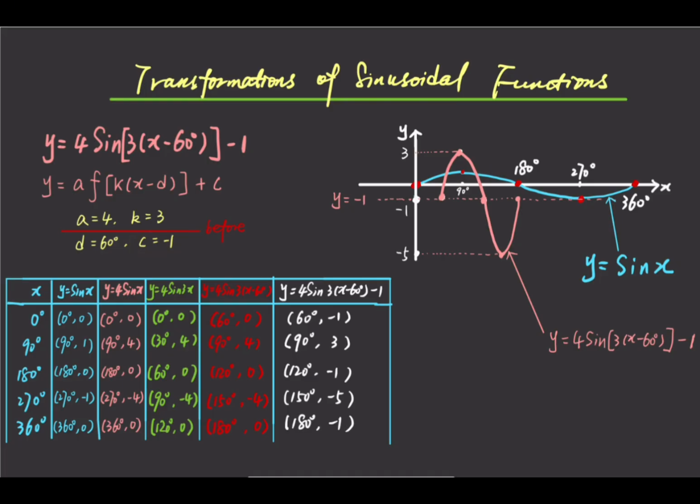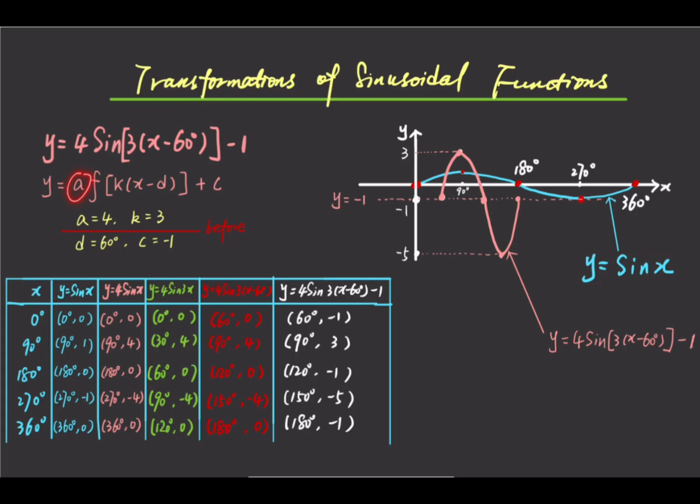You need to know when we transform this parent function to the final transformed function, we need to follow the specific transforming orders. That is to say, the transformations according to these two parameters must be performed before the transformations according to these two parameters. So you can figure out these transforming orders, all right? This is the basic function. This is the starting point.